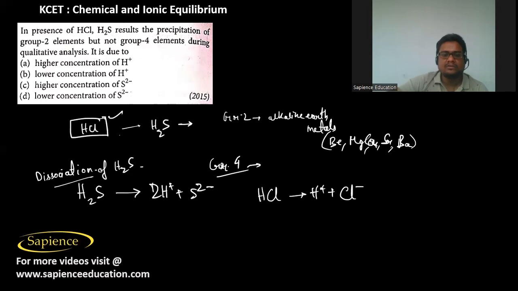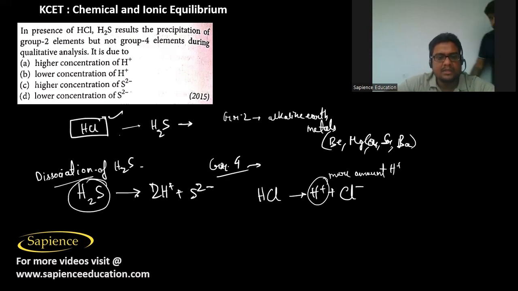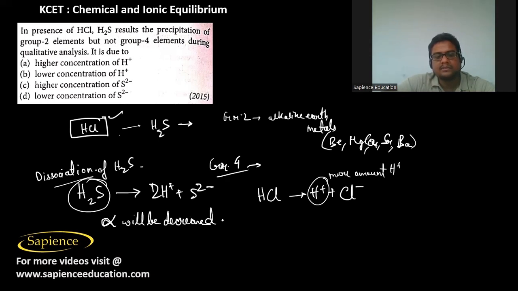Since HCl also will give more amount of H plus ion, due to common ion effect the dissociation of H2S will be suppressed. It means the degree of dissociation of H2S, which is alpha, will be decreased due to common ion effect.